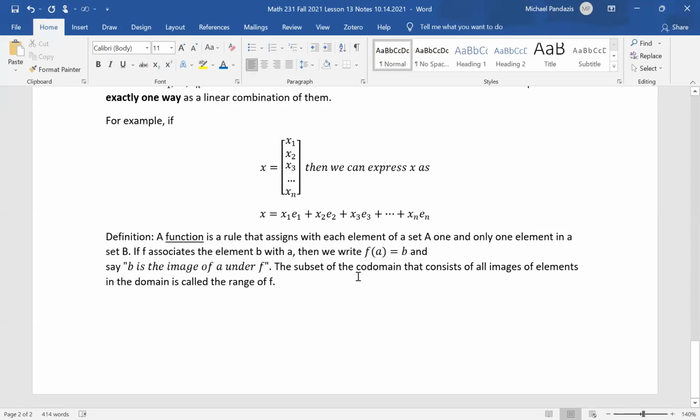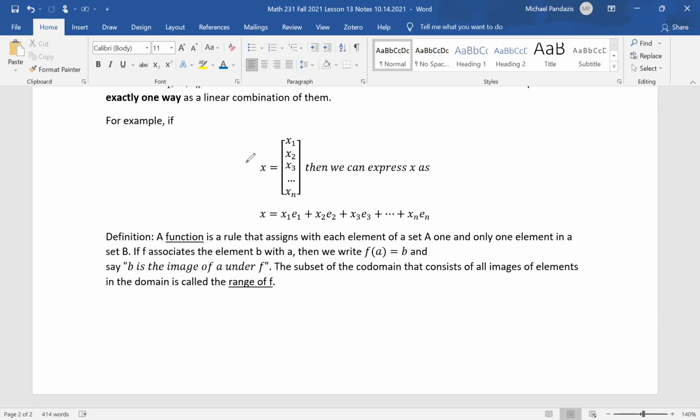The subset of the codomain that consists of all images of elements in the domain is called the range of F. So we have a whole bunch of definitions here. Okay, so this is the range of F. There's a definition there. So what we're going to do is copy this definition and go to the whiteboard.